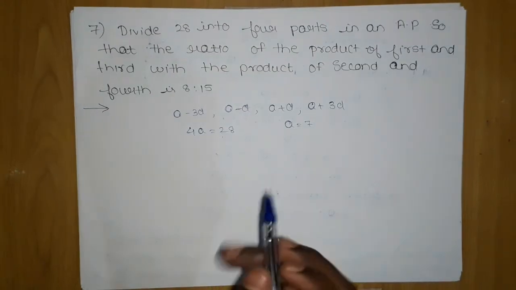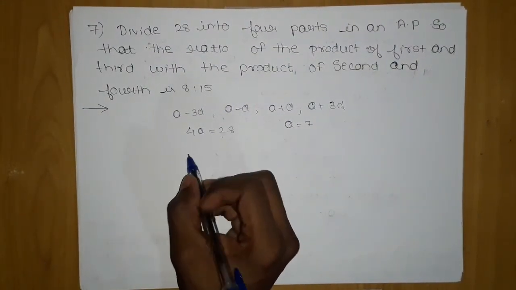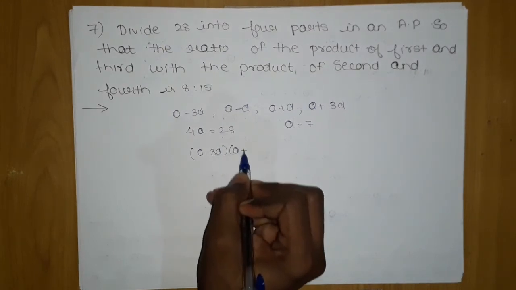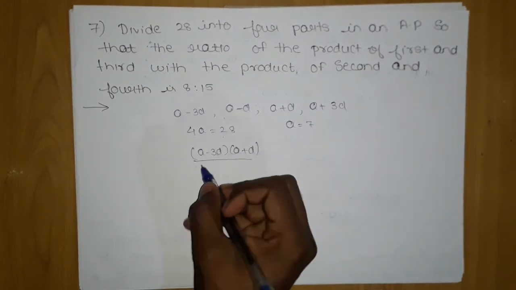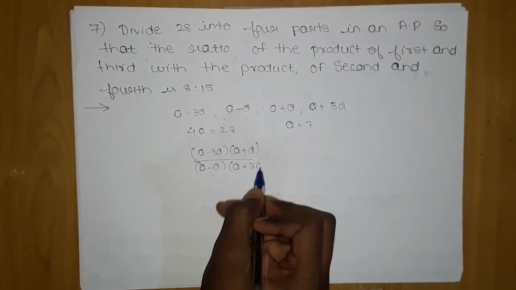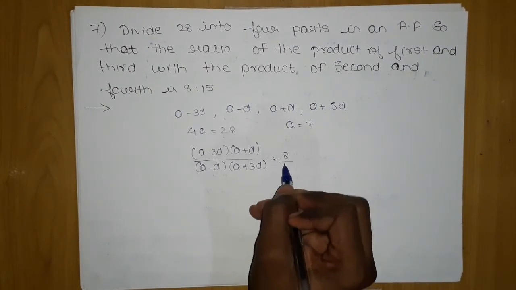Now they are telling the product of first and third, which is a minus 3d and a plus d, with the product of a minus d and a plus 3d is what? It is 8 by 15.